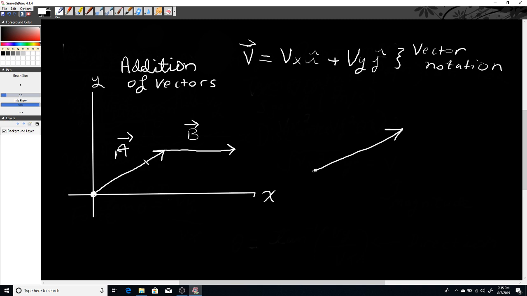In this case, we're doing vector A plus vector B, and the result will be a vector which we'll call C. And this vector C would be this vector. It basically starts from the beginning of A to the end of this B.